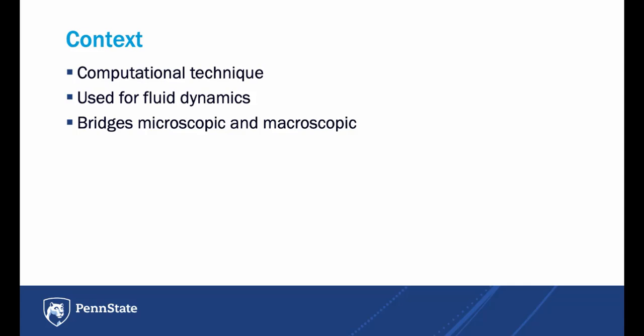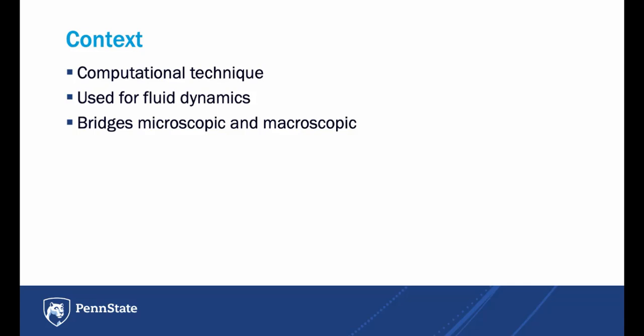For the context, the Lattice-Boltzmann method is a computational technique used to simulate fluid dynamics and other complex physical systems. It models fluid flow by tracking particle distribution functions on a discrete lattice, evolving them via collision and streaming steps.